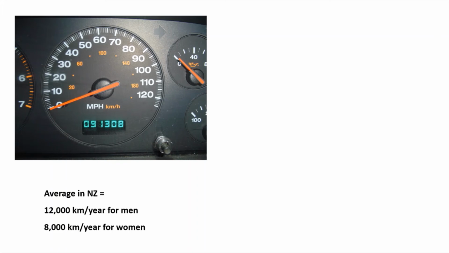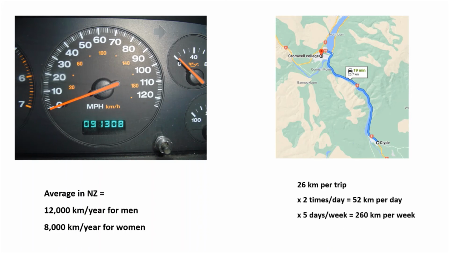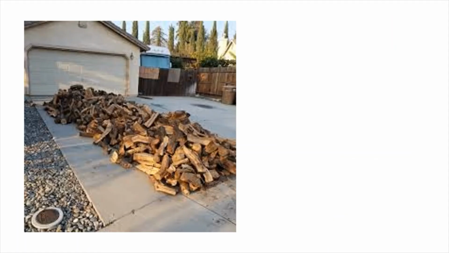A different way of working it out, if the car makes the same trip most days, is to multiply the trip length by how many times that trip is made in a year. It's hard to get this exactly right, but usually a rough value is good enough. For a wood-burning fire, you need to know how many kilograms of wood is burnt in a year.